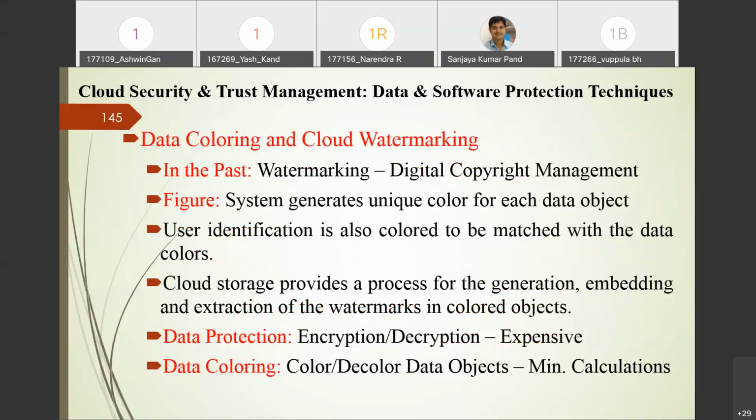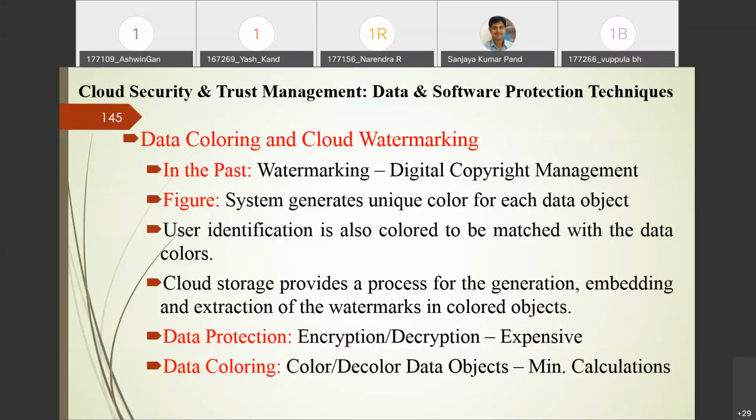If you go back to the earlier days, in the traditional systems, they were using the watermarking system, right? If you are preparing a project report, in the background you place the logo of your institute, right?